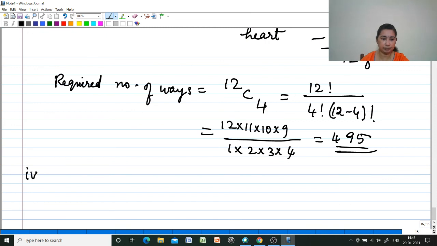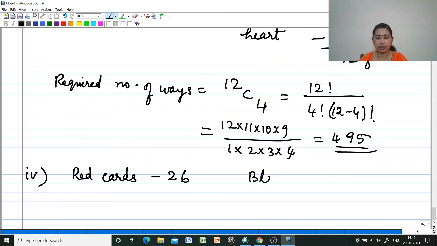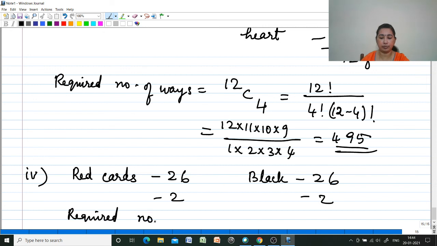Then fourth sub question, 2 are red cards and 2 are black cards. So red cards, how many red cards are there? There are 26 red cards, and black cards, that also 26. So 2 we are selecting from red, 2 we are selecting from black, and how many different ways? So required number of ways is equal to 26C2 into 26C2.